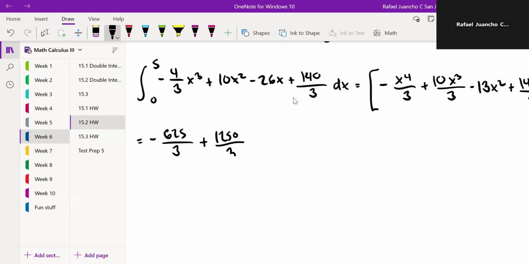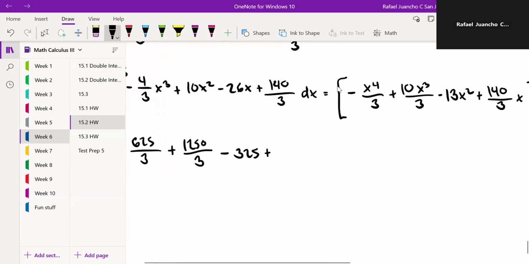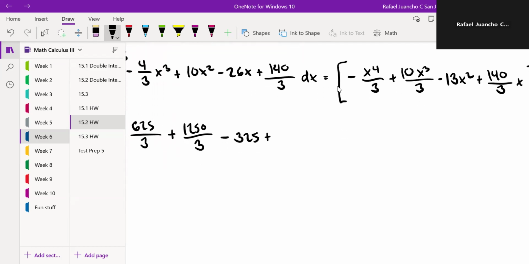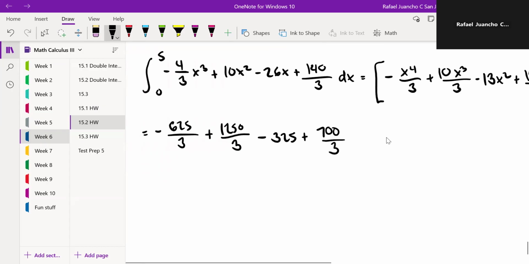And then this is minus 13 times 25, which is 325. Oops, not writing anything. And then this is 140 over 3 times 5, 700. So it's nice how they're all in threes, right?